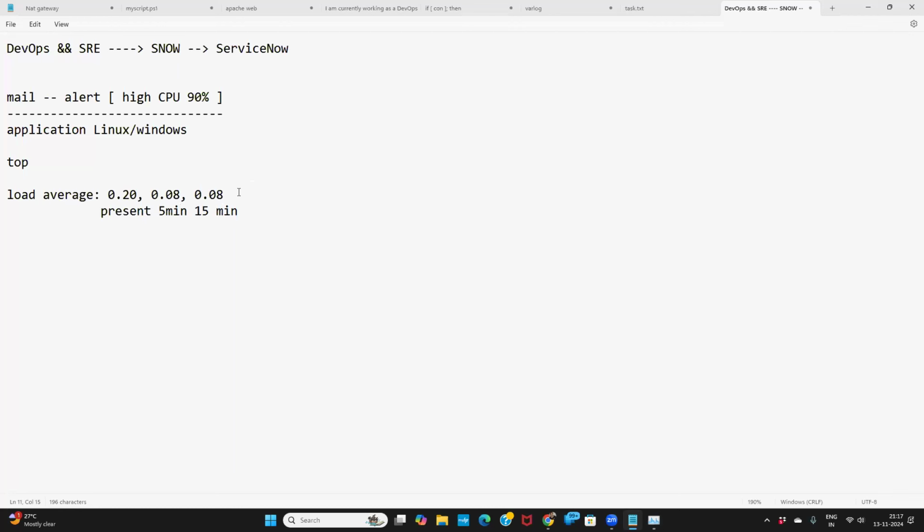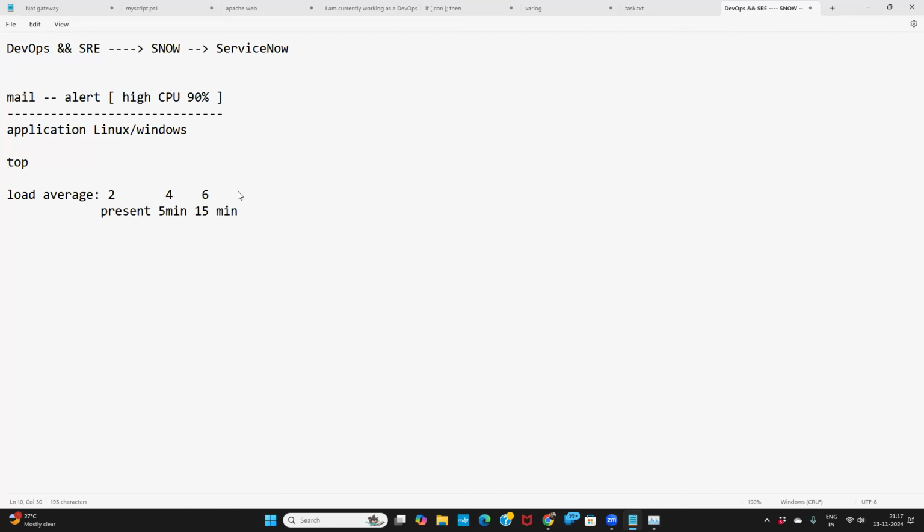Let us do one thing. Here I'll say something like this: 2, 4, 6. Now, what do you observe with this? If I see numbers like this, is the load increasing on my machine or decreasing?